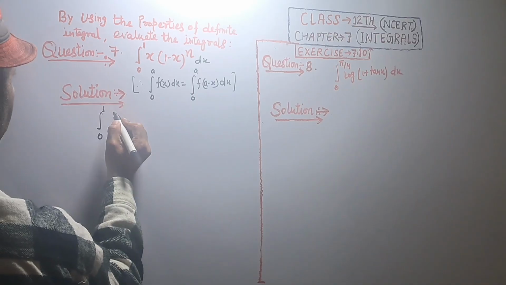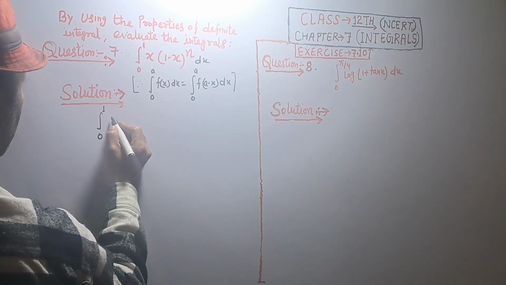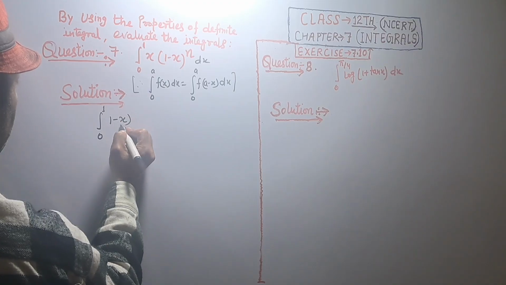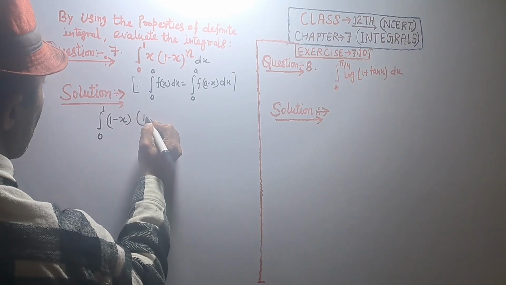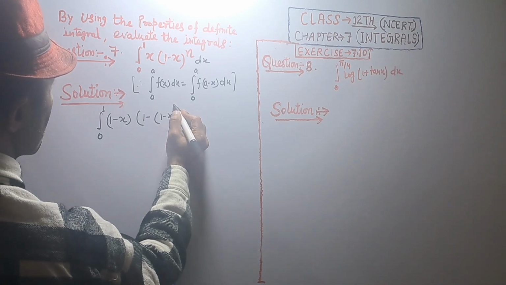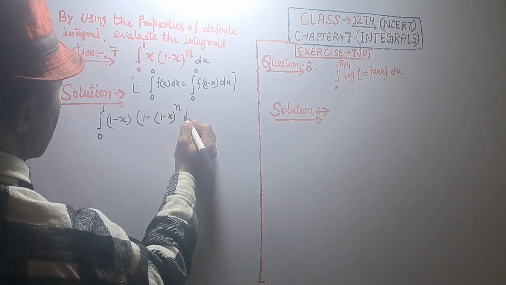Zero to 1 limit, and x becomes 1 minus x, into 1 minus (1 minus x) raised to power n dx.